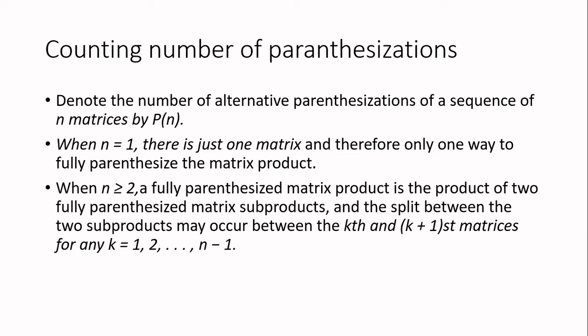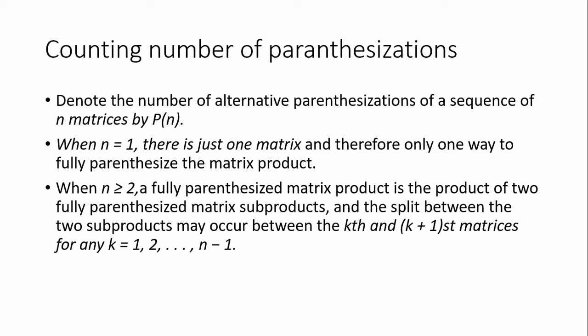When the sequence of n matrices is there, you must define a split in this sequence. That split can occur at the kth position, which means from A1 to Ak you have one parenthesization. Again, if k is greater than or equal to 2, you need to split them again somewhere in between A1 and Ak.